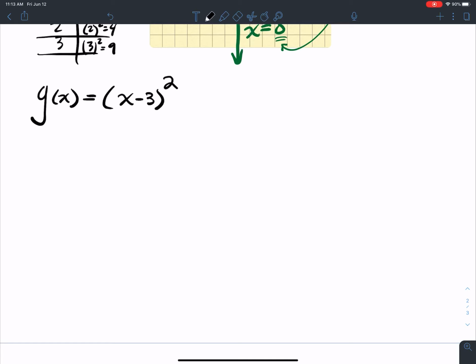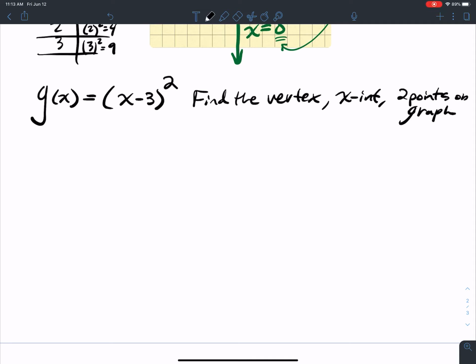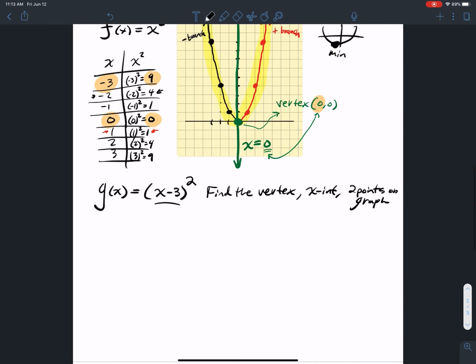We'll want to find the vertex, x-intercept, and 2 points on the graph. Okay, so if you have no idea what this looks like, then just start plotting points. You can always use this idea of making a table.